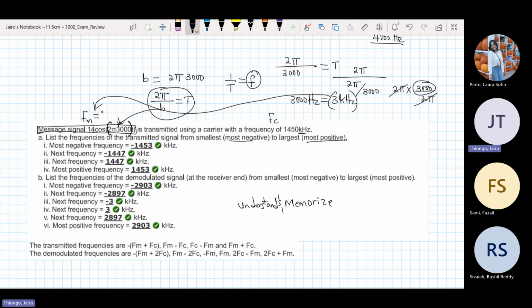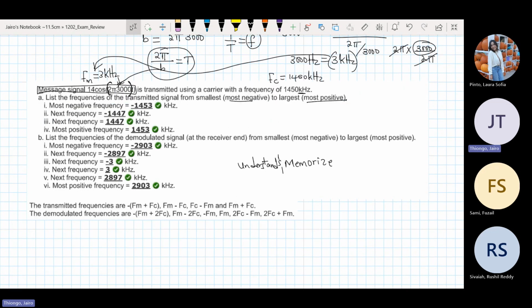So we have FM as 3 kilohertz and FC as 1450 kilohertz. Now we can proceed with the question. Before you even go filling in the most negative frequency, you first have to get those two values, because they are the two values that will be used in this question.